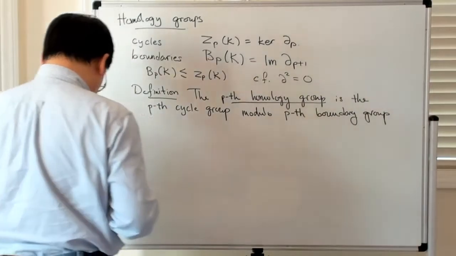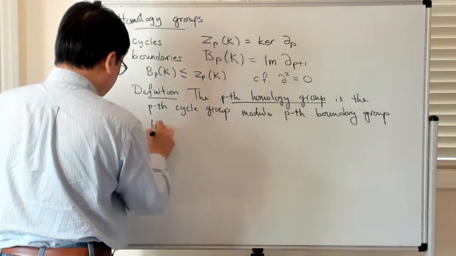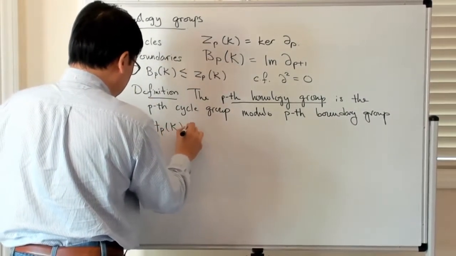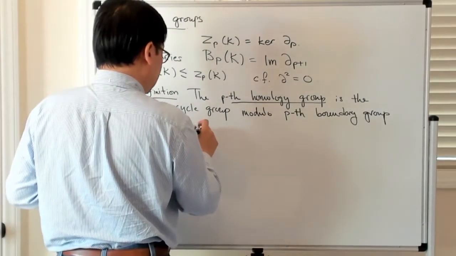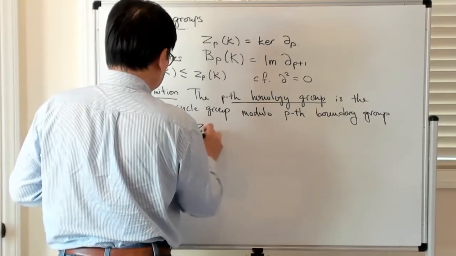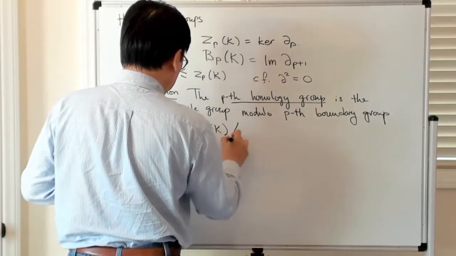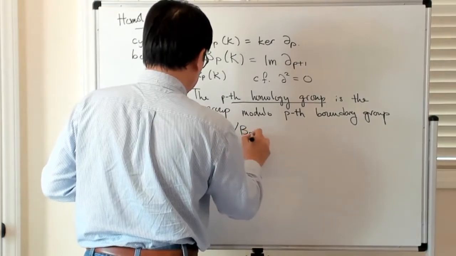It's denoted by H_P. So it's just the quotient of the cycles by the boundaries, Z_P of K modulo B_P of K.